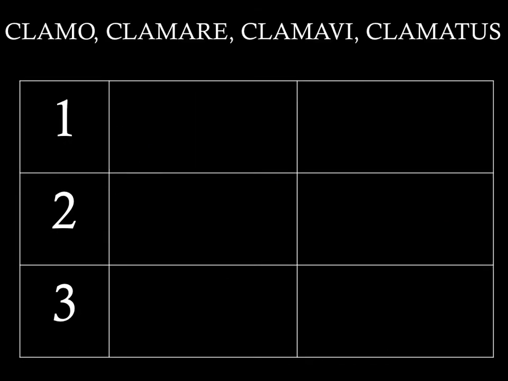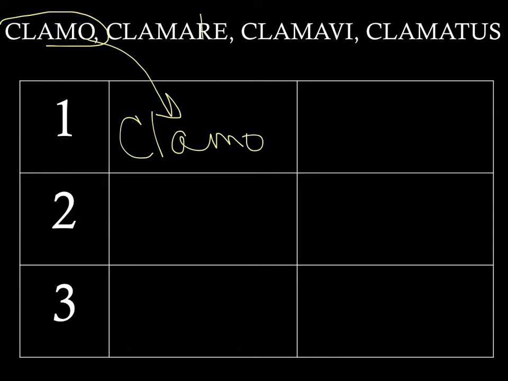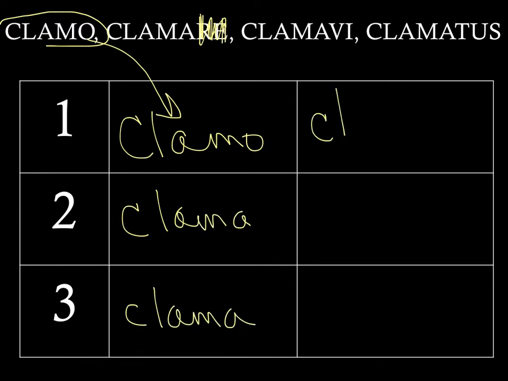So let's conjugate clamo, clamare in the present tense. The first thing you can do, which is nice in the present, is you can just copy this form into this box. So clamo. And then everywhere else you're going to write the present stem. So you'll write clama 5 times, and then after that you are going to write the endings.